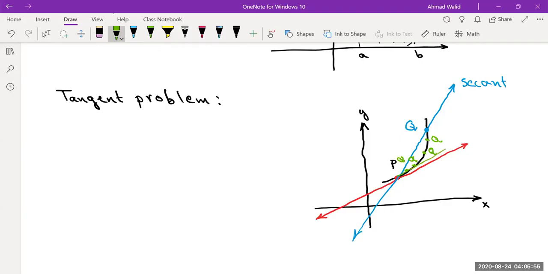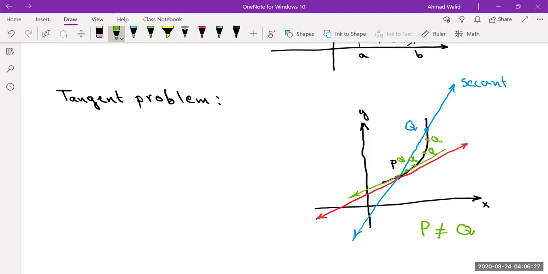And if I draw a line, this line is actually the same as the tangent line. What I did, I moved point Q closer and closer and really, really, really close to point P. But remember, point P and point Q cannot be equal.